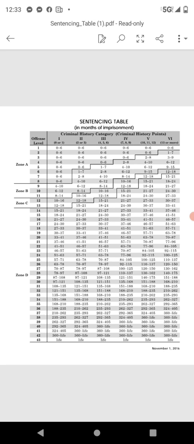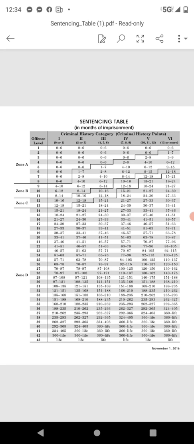So if you look at this table, when you go to the top you see the Roman numerals, 1 through 6. Now, if you've never been convicted of a crime before, you're going to start off at the base level of Roman numeral 1.